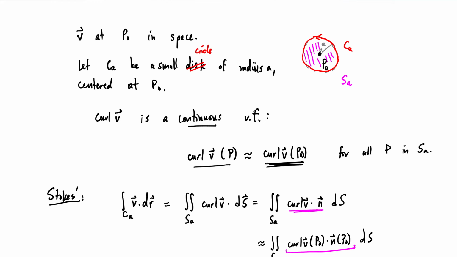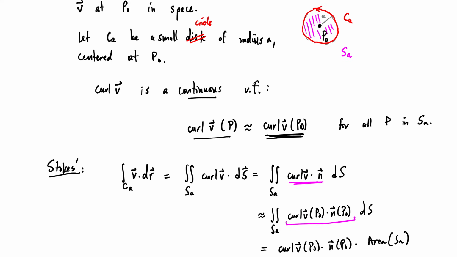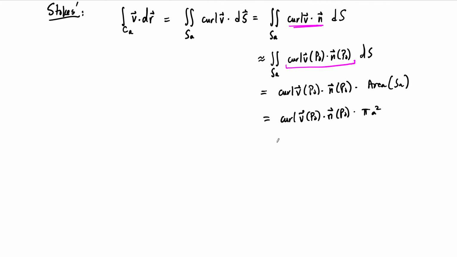We are going to take a limit as the radius gets smaller and smaller. So take a limit as a approaches 0, and as a approaches 0, this approximation gets better and better, and in the limit, these are equal at the point. The way we're going to approach this is the following.